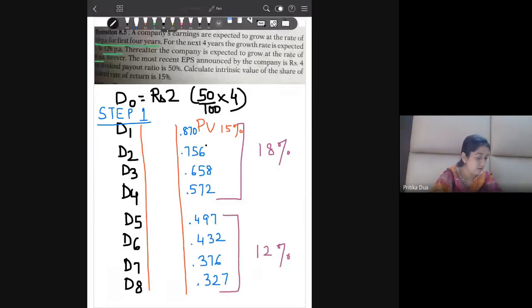I'll just check. 0.77. Rest of you also put in your answers in the chat box.